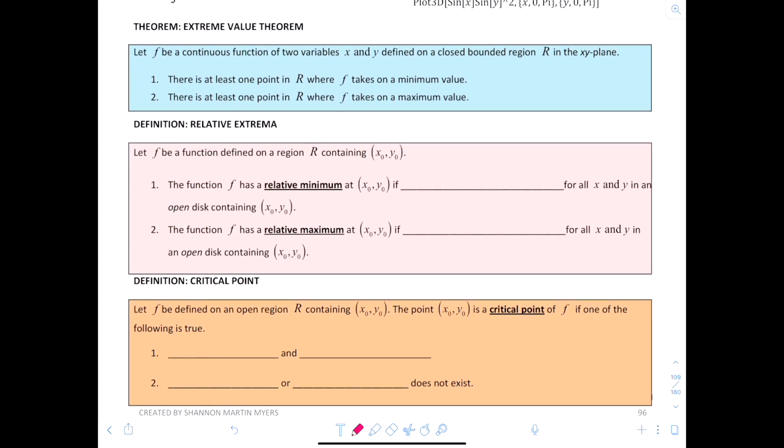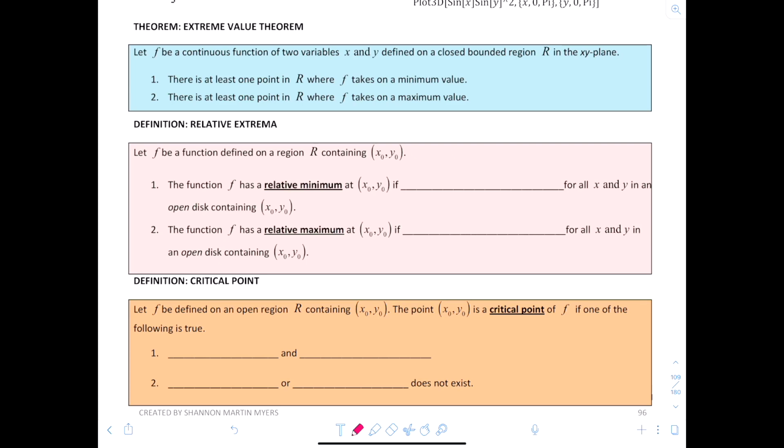Let f be a continuous function of two variables, x and y, defined on a closed bounded region R in the xy plane. Since f is continuous and it's on a closed bounded region, there has to be at least one point in that region where f takes on a minimum value, and at least one point where f takes on a maximum value.